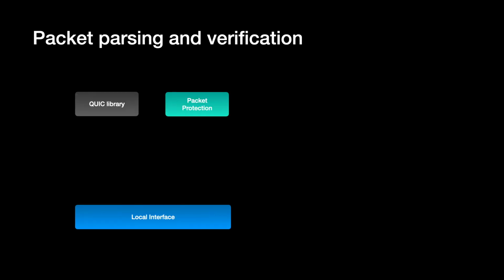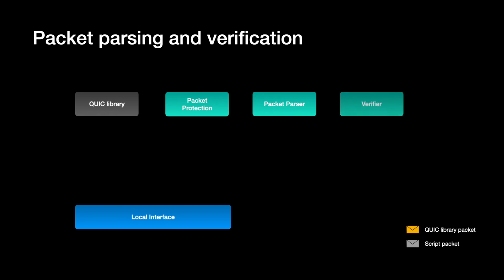Now, let's take a look at how a QUIC library packet is parsed and verified by packetdrill. We have added a packet parser to parse the QUIC packet into its constituent header and frames, and a verifier to compare the QUIC library packet with the expected script packet.